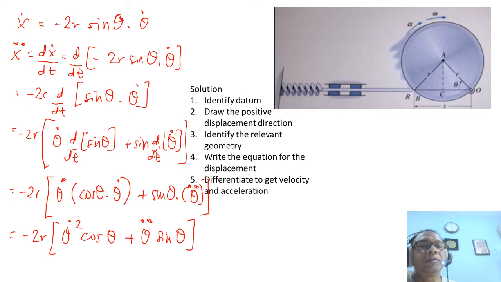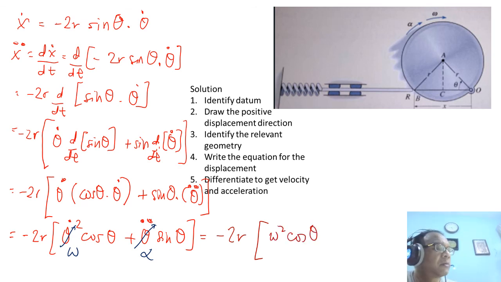We can replace this with alpha and this with omega, so it becomes minus 2r omega squared cos theta plus alpha sin theta.